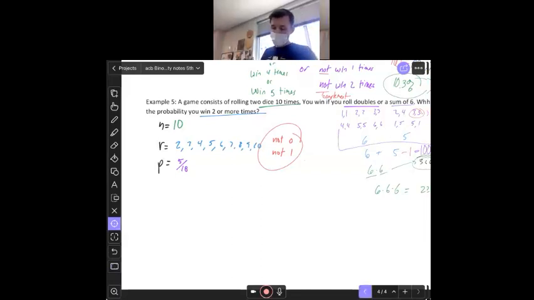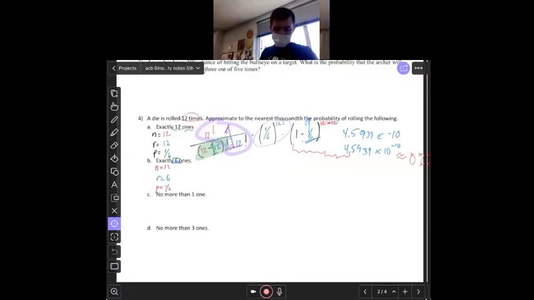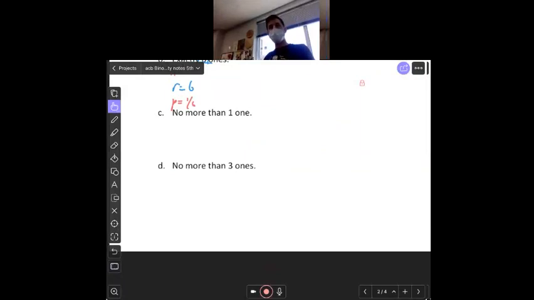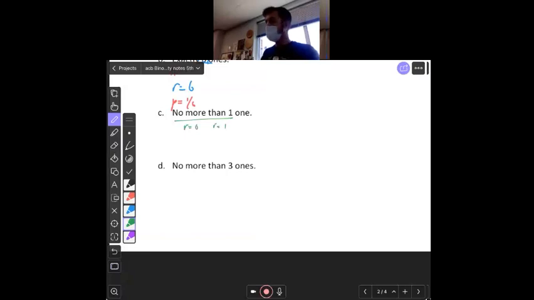On 4C, I designed this one very specifically. It says no more than 1. Okay, so think about what that means. No more than 1. So your R value would be 0, your R value would be 1. And then the next one says no more than 3.